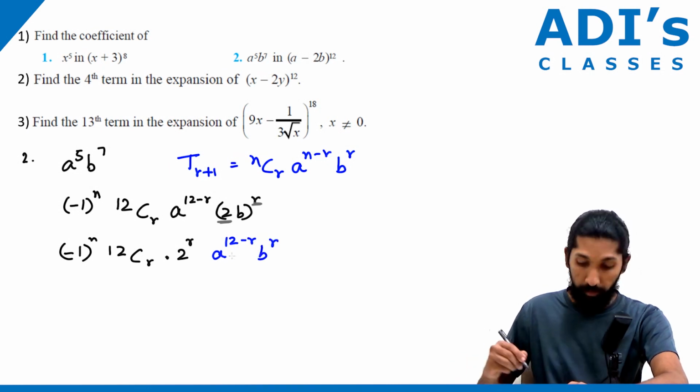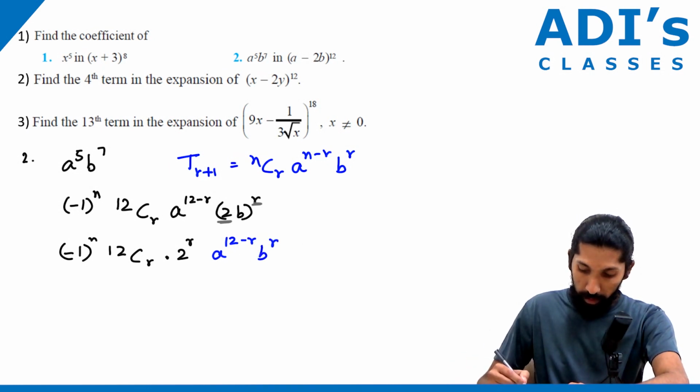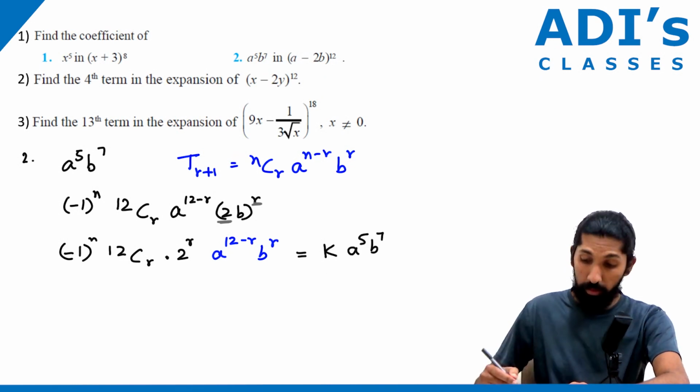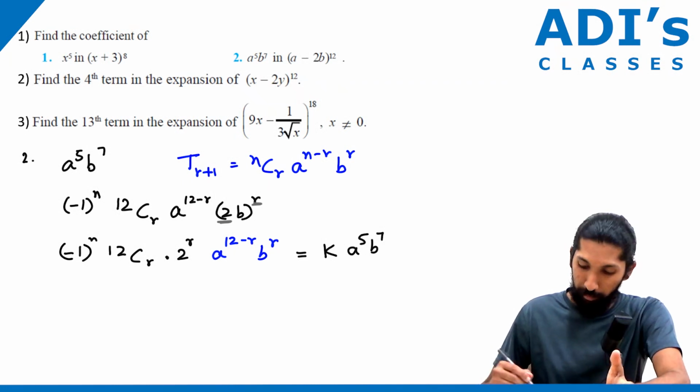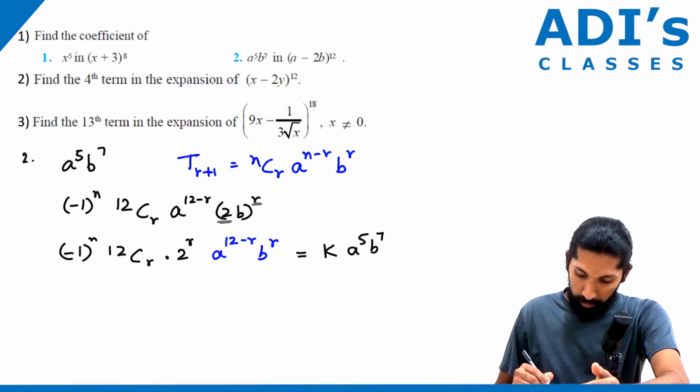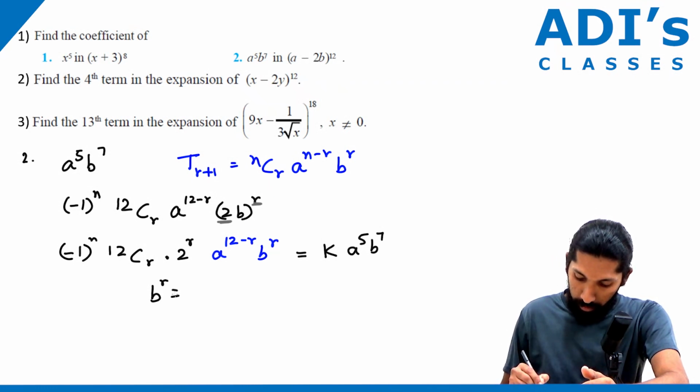Correct, this is what we have. Now this value is equal to some value k into a power 5 b power 7. Now if you equate, what is the value of r? It's very easy, no? b power r is there, b power 7 is there. So we get b power r is b power 7, so r value is 7.